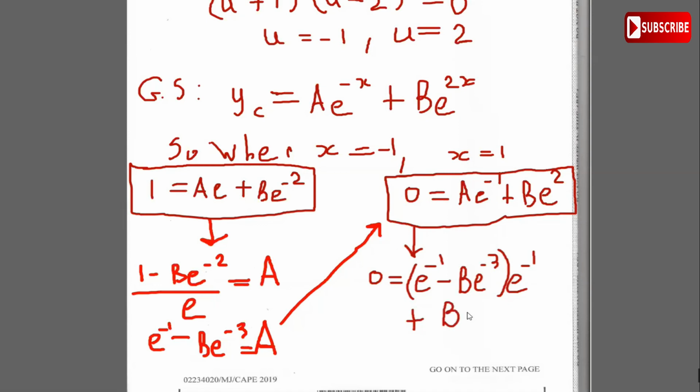This will allow me to solve for B. So now expand this: e to the minus 1 times e to the minus 1. When the bases are the same, you add the powers. Minus 1 plus minus 1 is minus 2, so I get e to the minus 2. Then I add the powers again, minus 3 plus minus 1 is minus 4, so I get B e to the minus 4, plus B e squared.